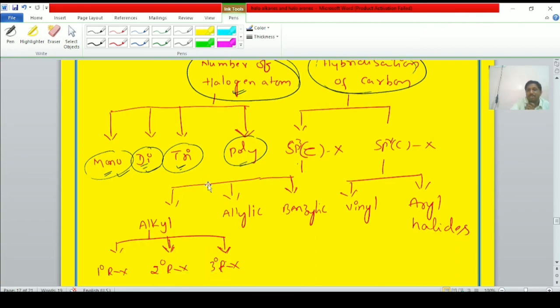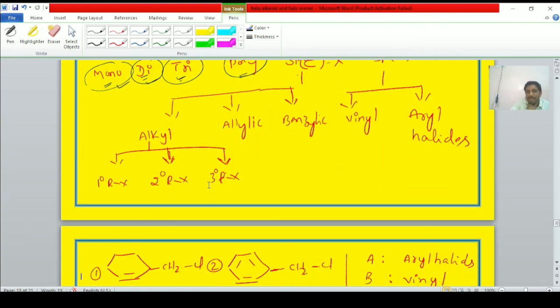Alkylic is again classified into primary, secondary and tertiary alkyl halides. Then allylic and benzylic. The sp2 is classified into two types: vinyl and aryl halides. This is the complete flowchart. It is available in the NCERT textbook. You can observe the classification briefly and write notes also.